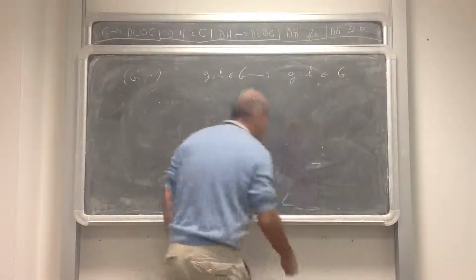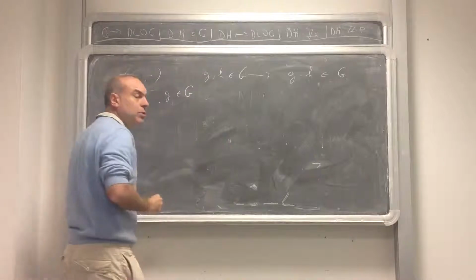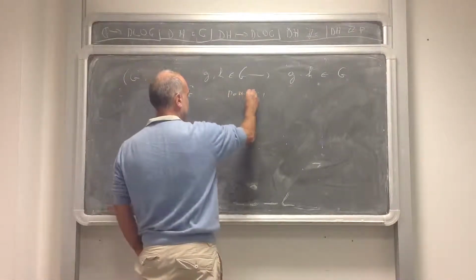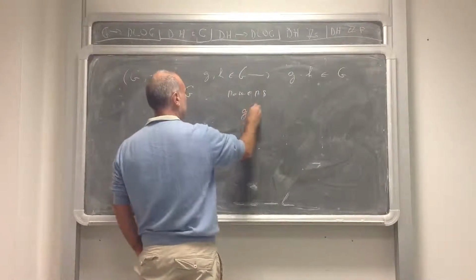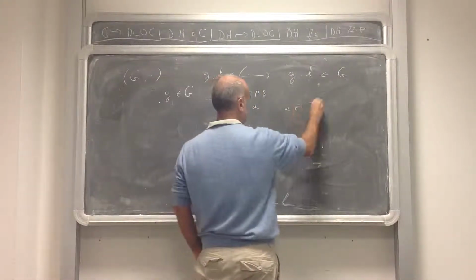Okay. Now we take an element in G. We can consider the powers. So we can do G to the A, where A is a number.